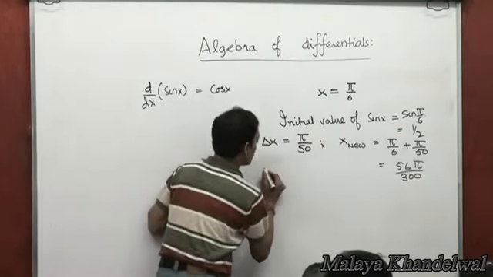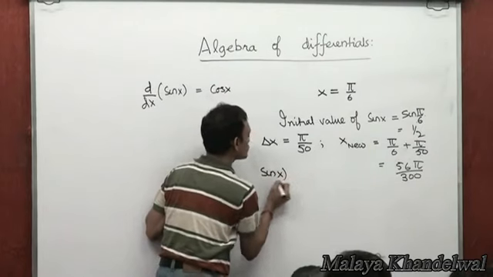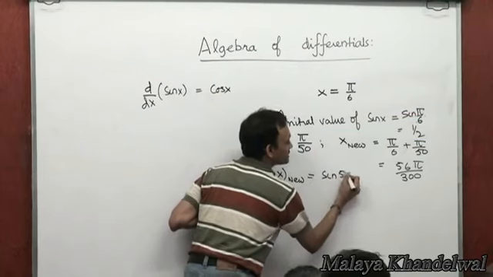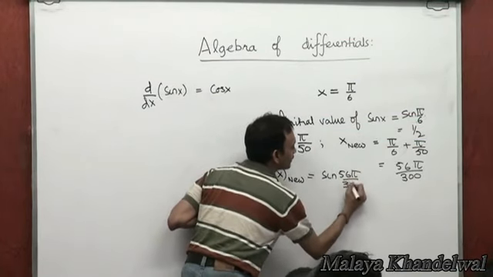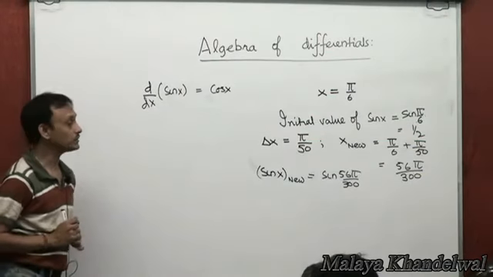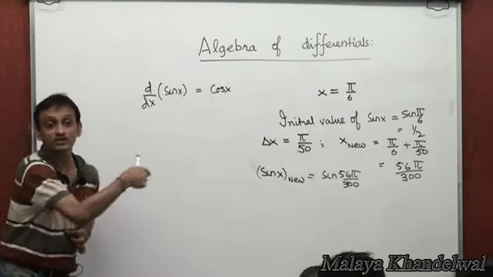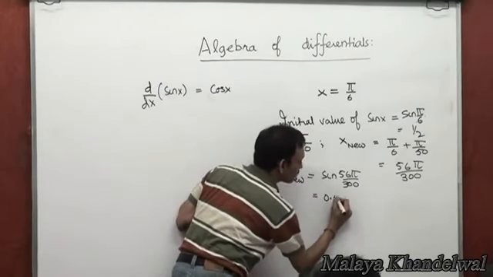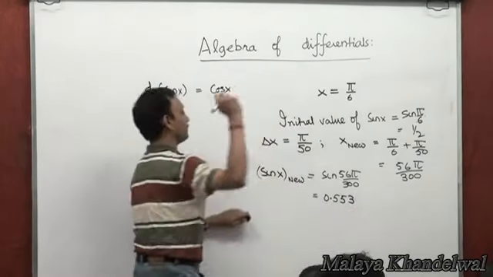Now, what's the new value of sine x? Sine 56 pi by 300. What is it approximately? 0.553. Okay.